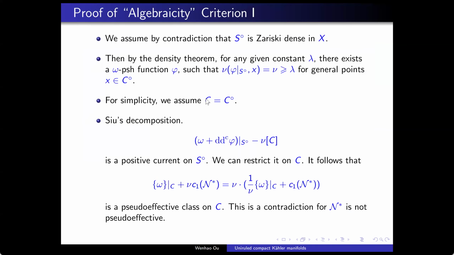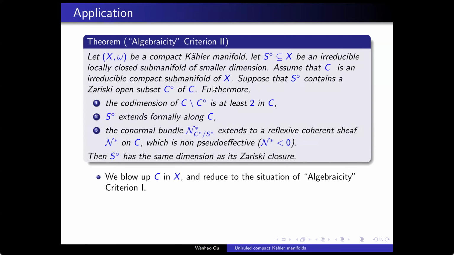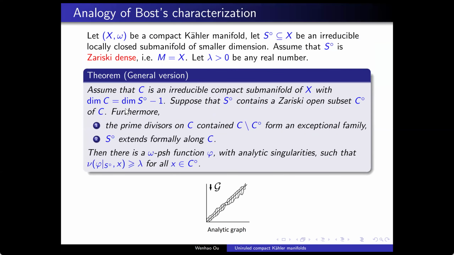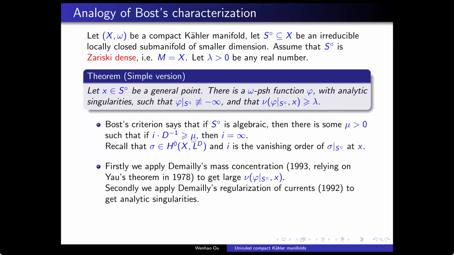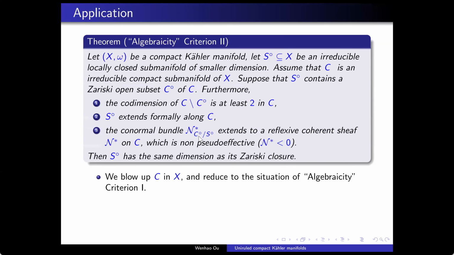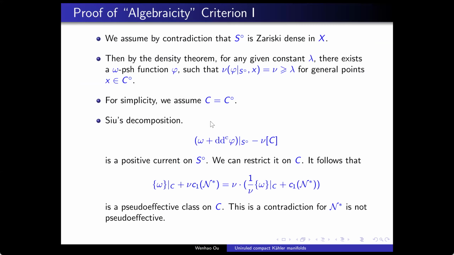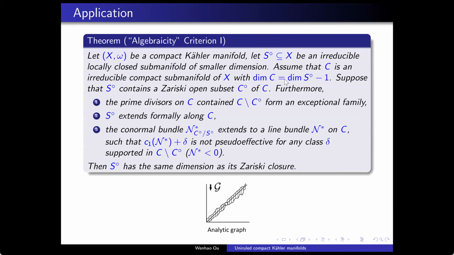So I think I'm running out of time. So once we have this previous criterion, this analogy of Bost's methods, we can adapt it to prove the algebraicity criterion one here. Which means that C has one dimension less than S0.